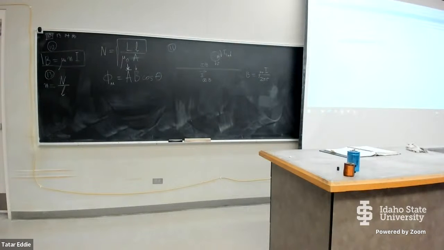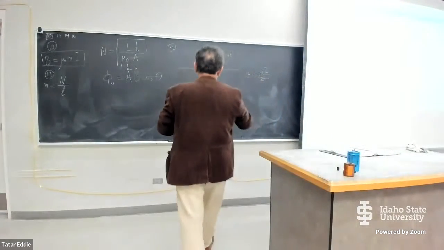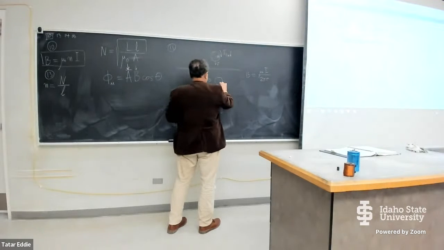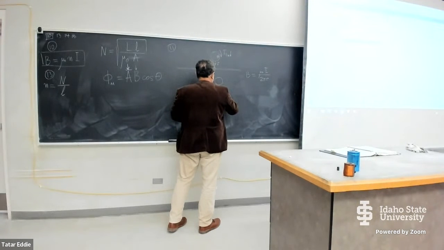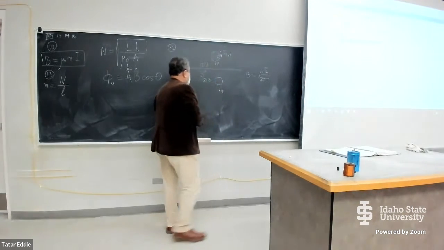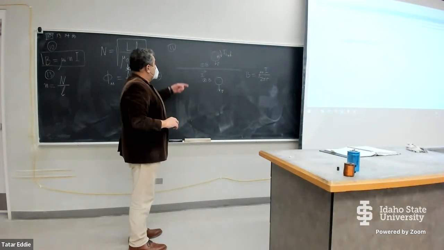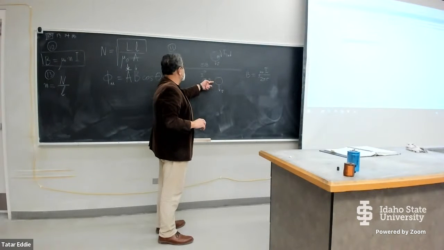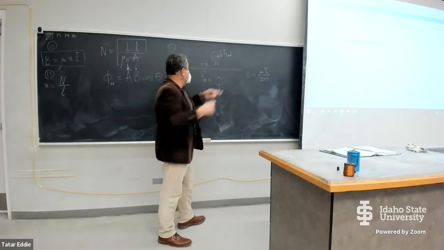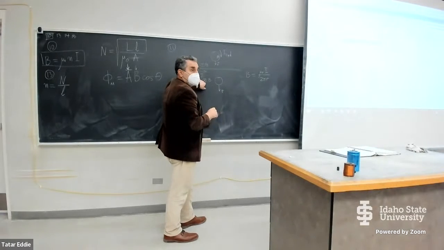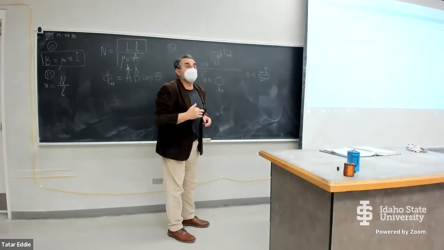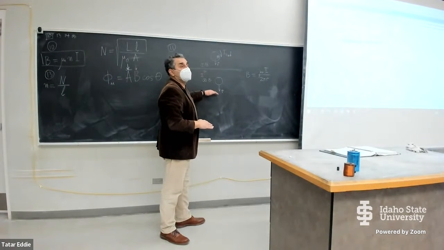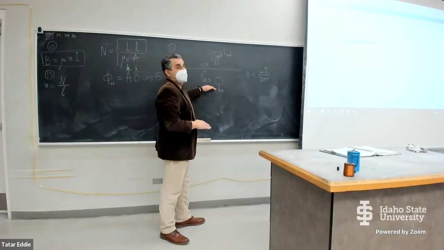So after that, in the second position, when the ring is here, but again moving this way, the magnetic flux that goes through the ring now is going to be into the board, right? Into the board here, but getting weaker because you're going farther away from the source.